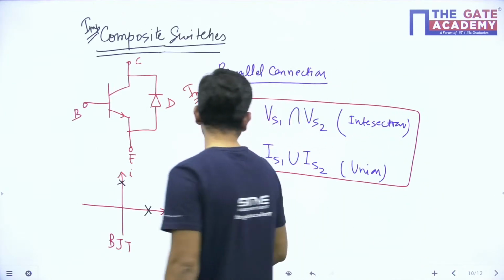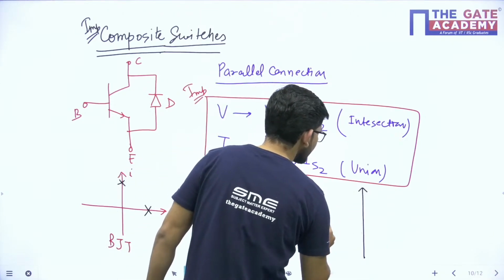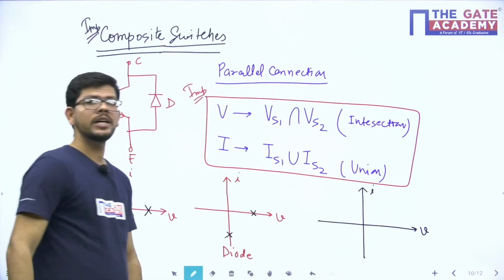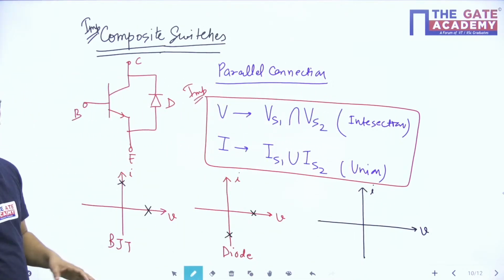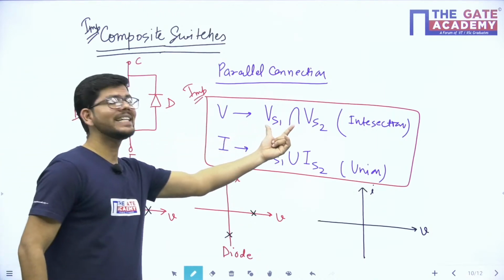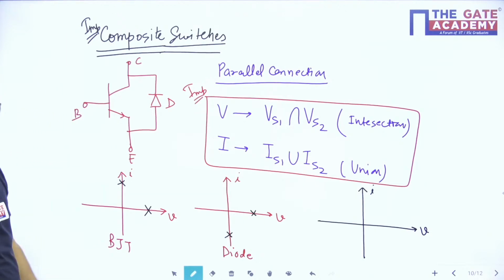So now what will happen? Tell me what happens with the equivalent switch. This is a parallel connection. What I have told you is that in case of a parallel combination, you will take the intersection of voltages, meaning common voltages.